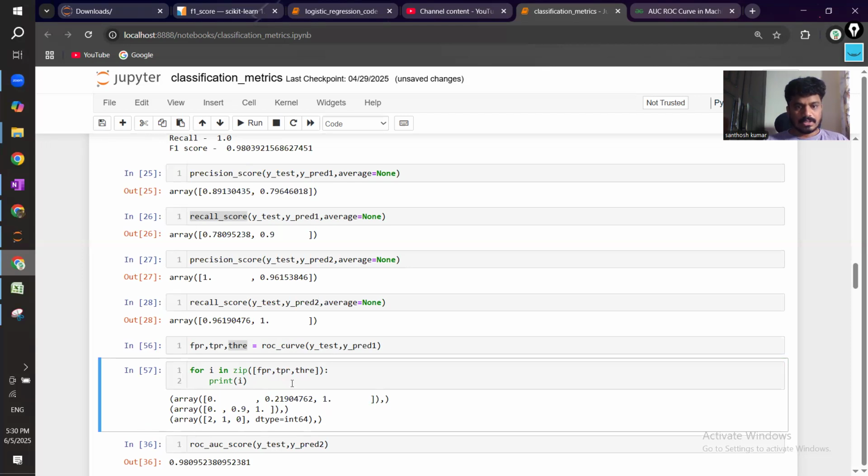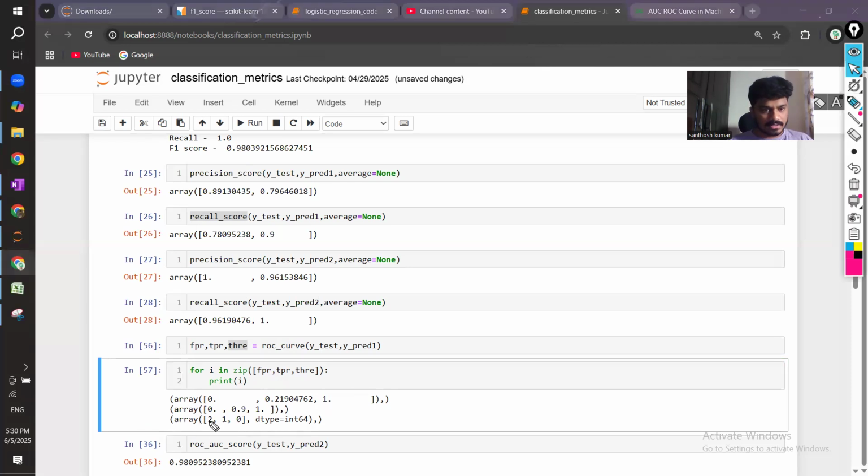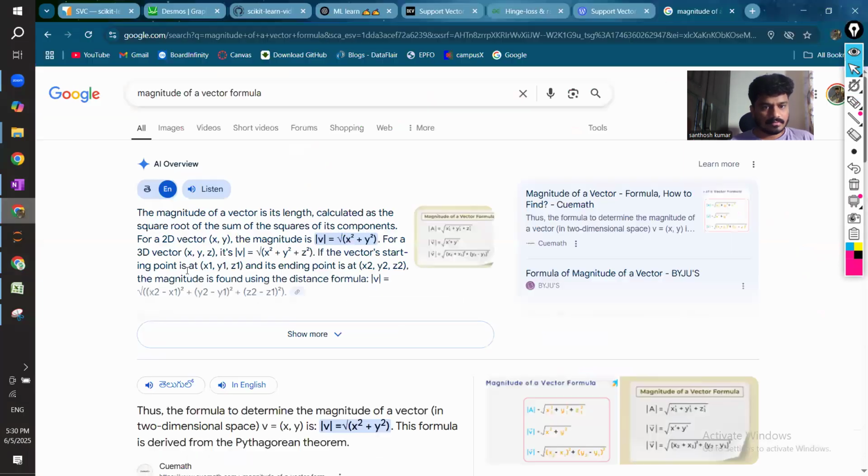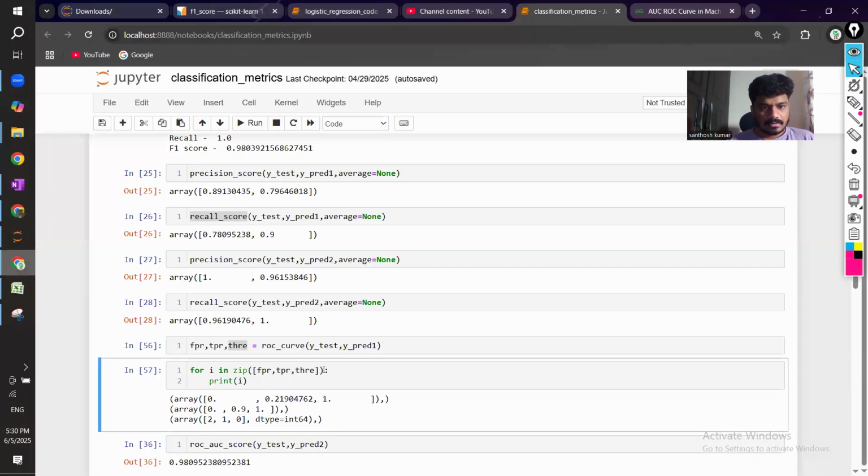You can see here that for the higher threshold values, the FPR and TPR values are low, and for the lower value, that is zero, these values are high, that is one and one. We get the same thing over here. So this is how you can pass the ROC score.